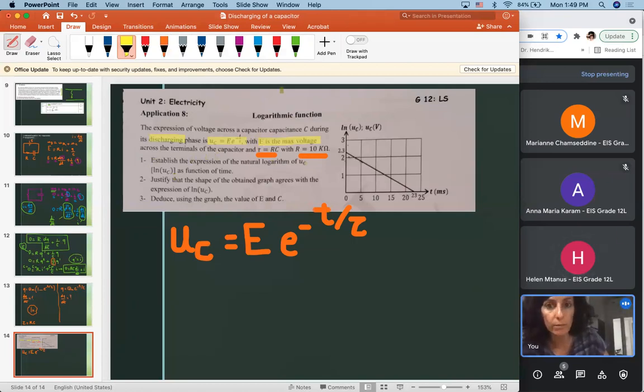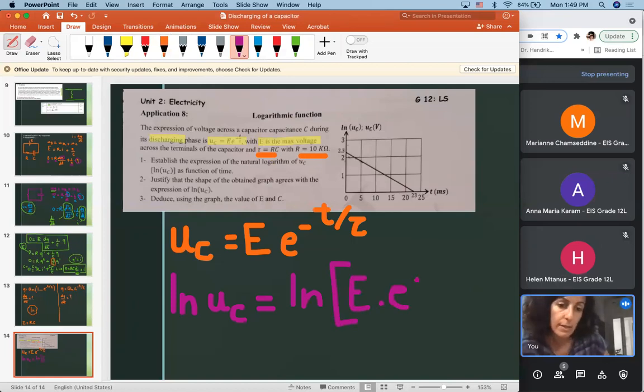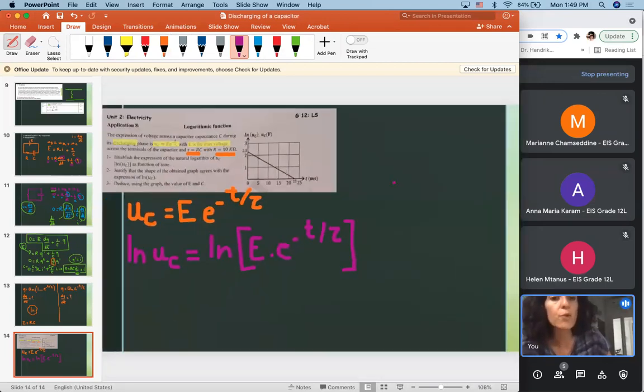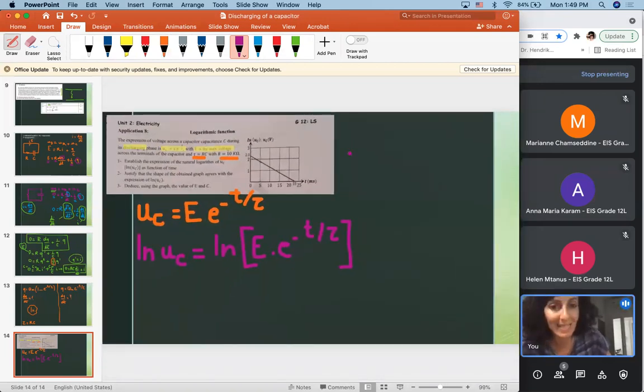And they want us to establish the expression of the logarithm. Okay, the logarithm: I want to do ln on both sides. So I'm gonna do ln of UC, and ln of everything on the right hand side, so E times e to the minus t over tau. Here I need to apply some properties of the ln that Miss Natalie taught you.